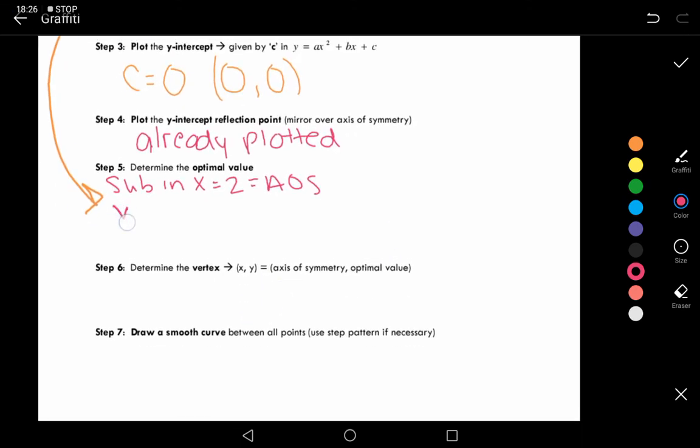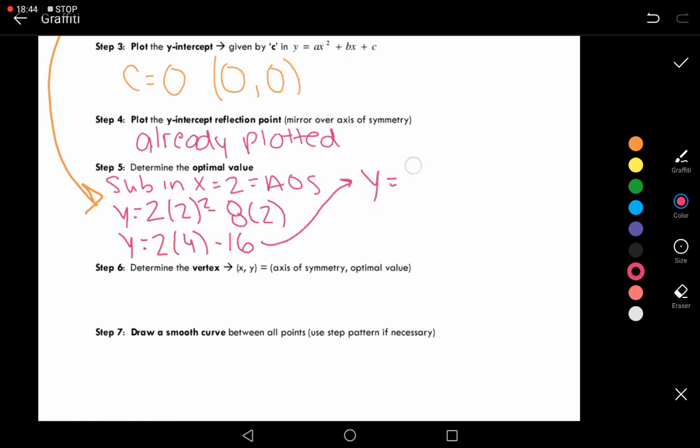So we have y equals, we use our original equation. So I'm replacing, every time I see x, I'm replacing it with 2. And then I'm just simply solving using BEDMAS. So I have 8 minus 16, which gives me negative 8, okay, which is my optimal value.